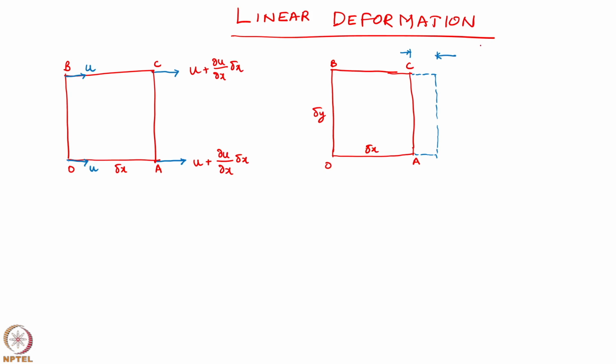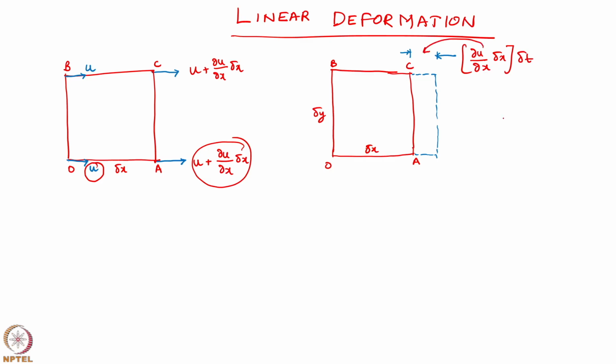That is the difference between u plus del u by del x delta x minus u. So you get del u by del x into delta x into delta t. That is the stretching that has occurred.